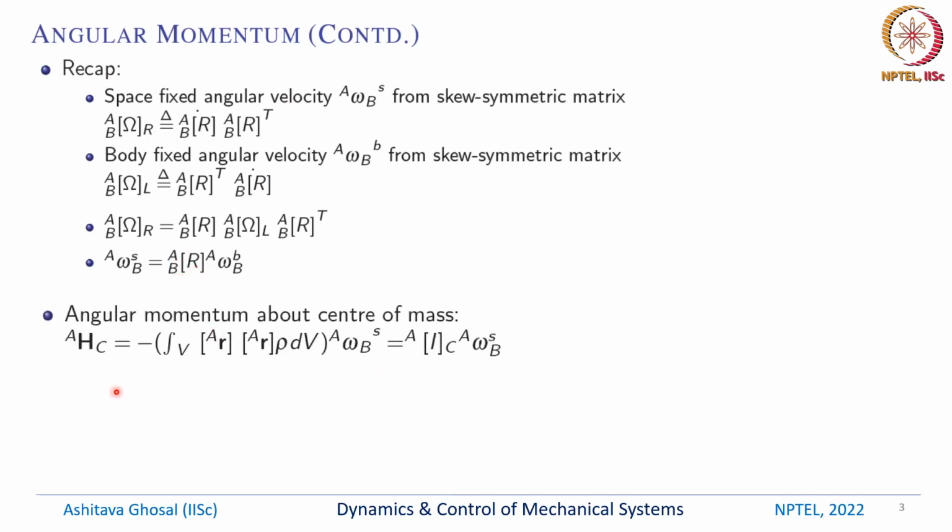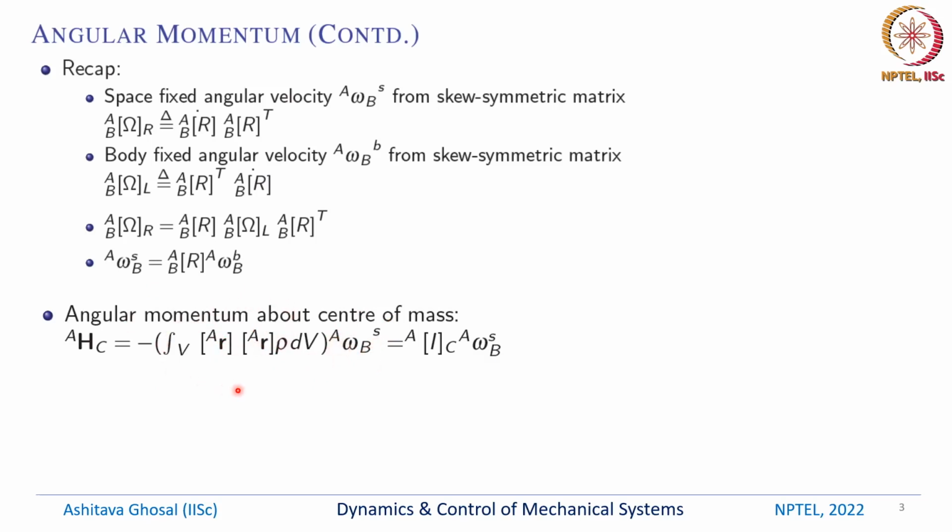We had also seen that the angular momentum about the center of mass could be written in this form. C is the center of mass, and with respect to some A coordinate system, it is the volume integral of this skew symmetric matrix AR times rho dV, and then this whole thing multiplied by this A omega bs.